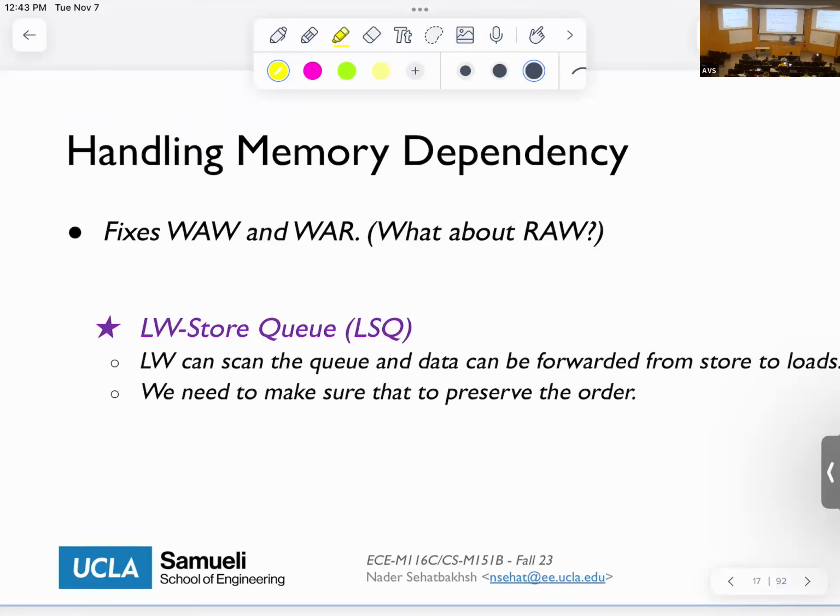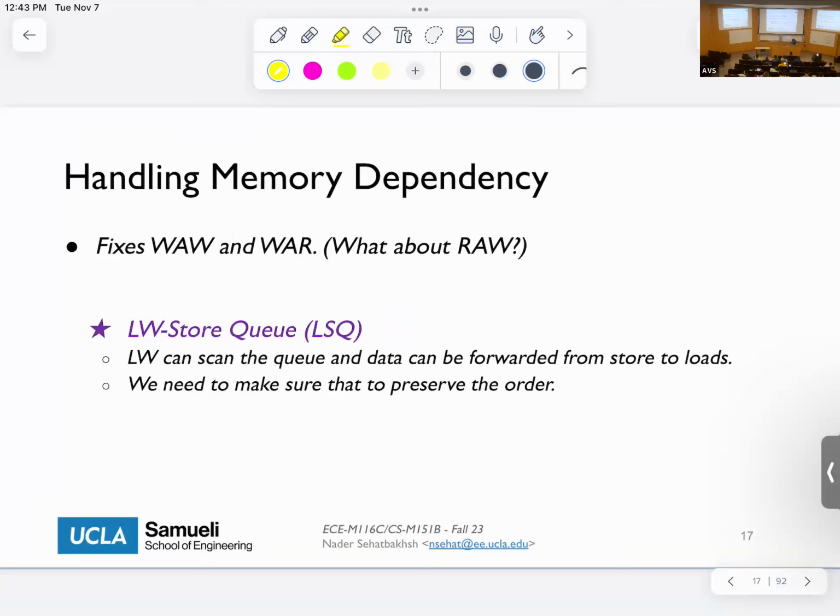The load store queue is similar to the ROB, it basically makes things in order. So I'm always checking my load store queue, and if there are any stores that happen before loads, I make sure that I do the forwarding from the load store queue. And you can actually think about the load store queue as part of your ROB in some sense. Again, I'm showing this as two separate units.